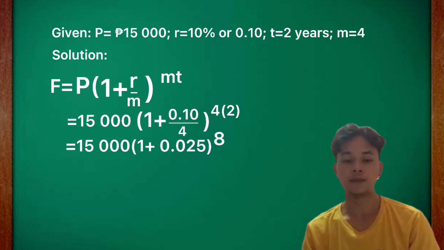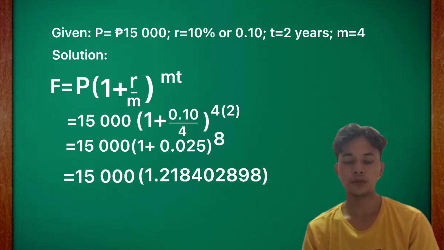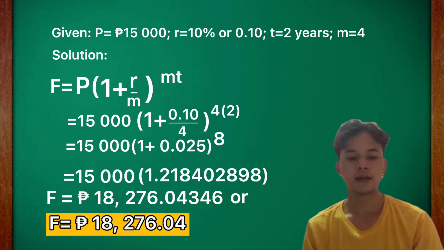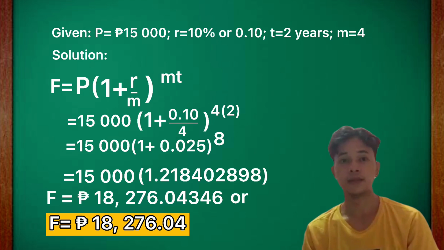Then let's solve 1 plus 0.025, so it becomes 15,000 times 1.025 raised to the power of 8. So the answer is 1.218402898. Then let's multiply it by the principal, which is 15,000. So our final answer is 18,276.04 pesos. So that's all.